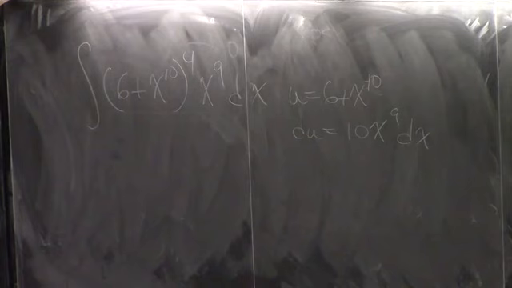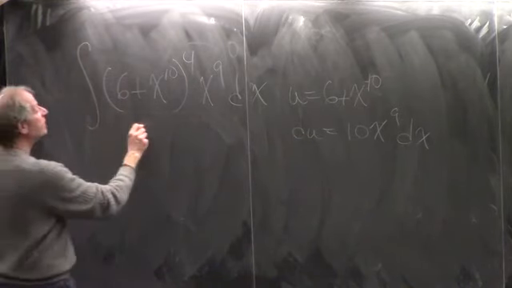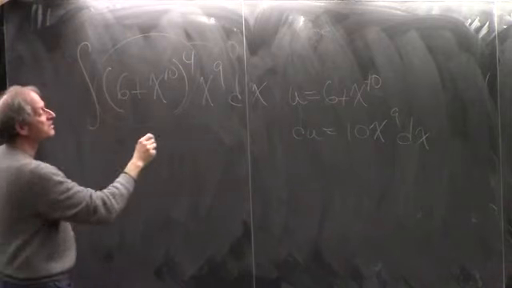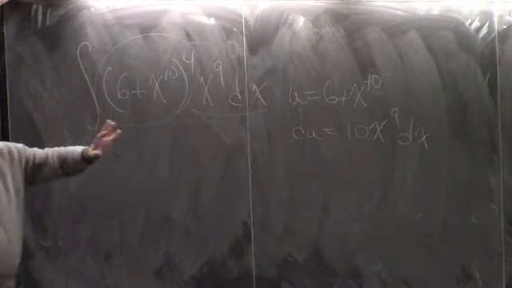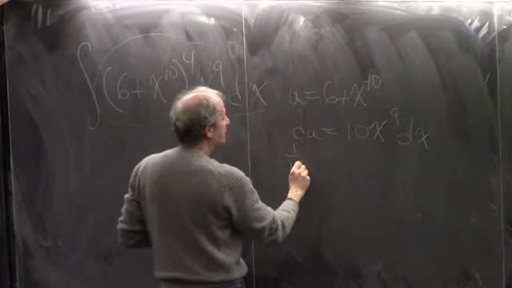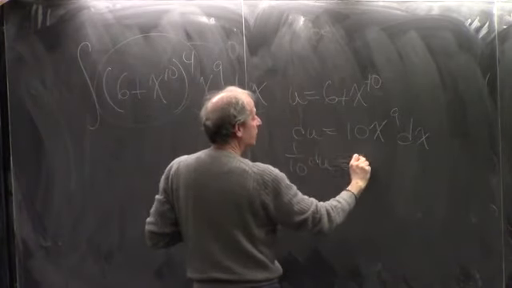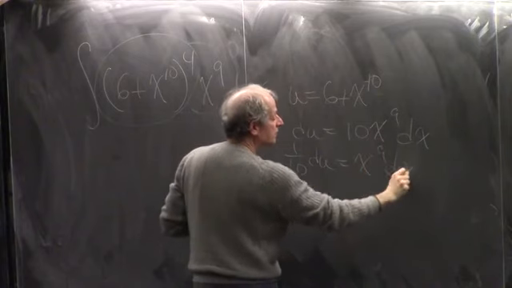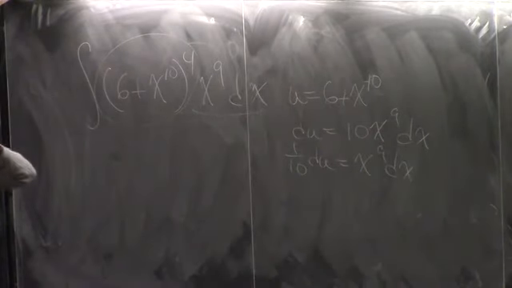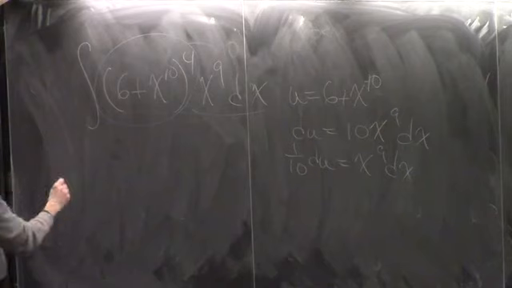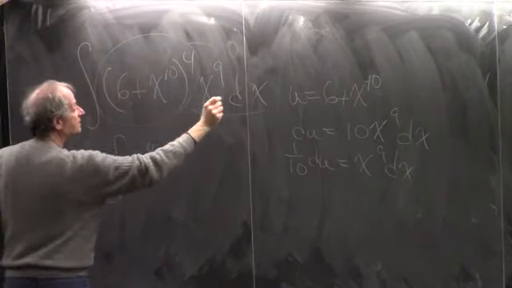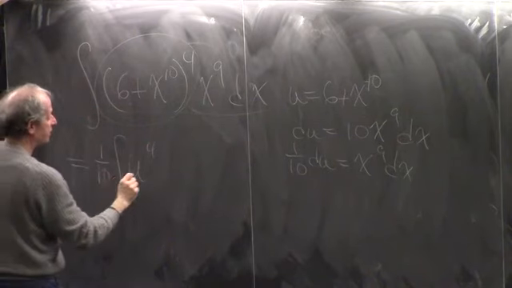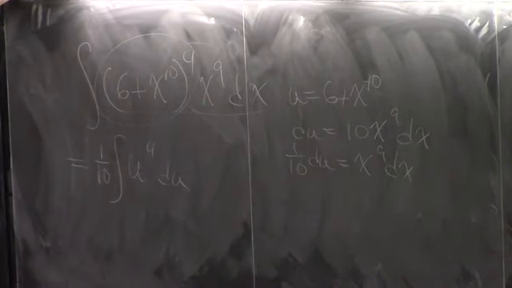So now I look at the integrand, and I say, well, this will become u to the fourth. So I just have to play with this a bit. So I have 10x to the ninth. So if I divide by 10, I get x to the ninth. So now I substitute. This is u to the fourth. x to the ninth dx is 1/10 du.